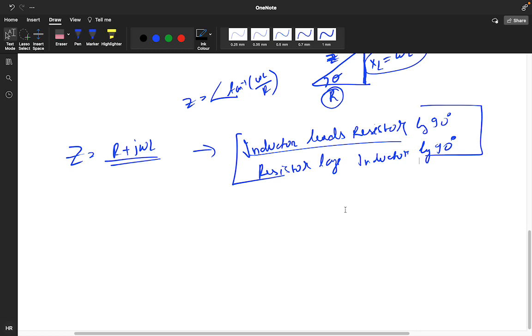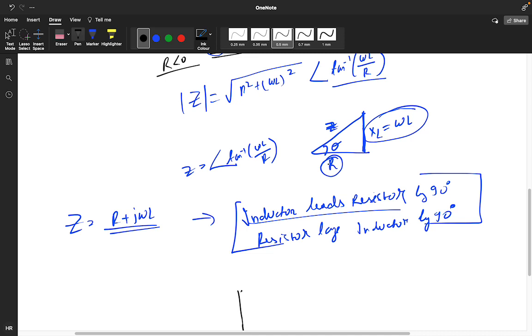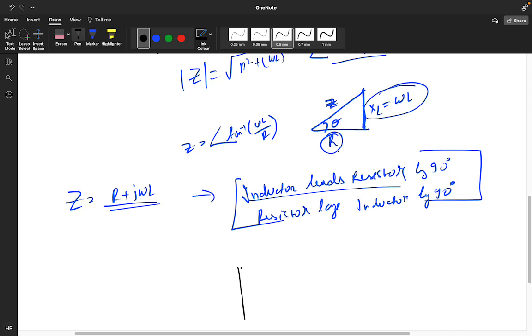Okay, fine. If it is clear, you understood that XL is leading, this leading and lagging concept.